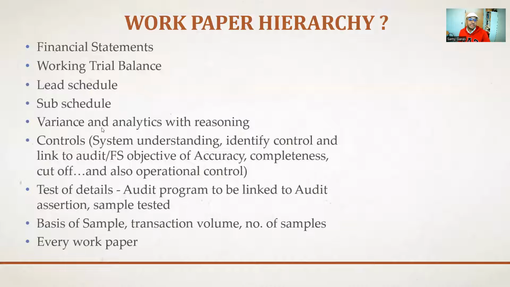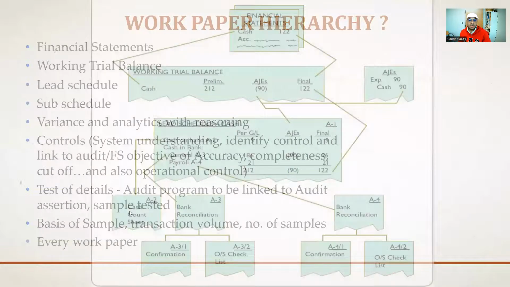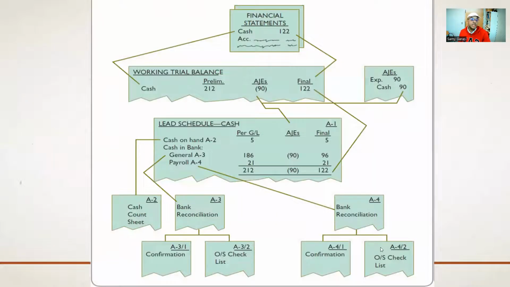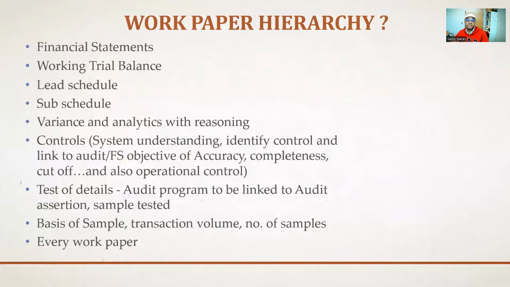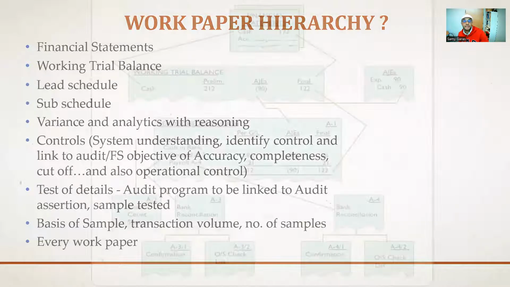And then we get variance and analytics with reasoning. So here we have to confirm and check. So this is the way, by the way, we arrange the audit documentation. And we keep going here. We make tests of details, sampling, and each work paper individually. So the way we organize the audit papers has to be consistent to help us get the information for this audit and for future investigation.